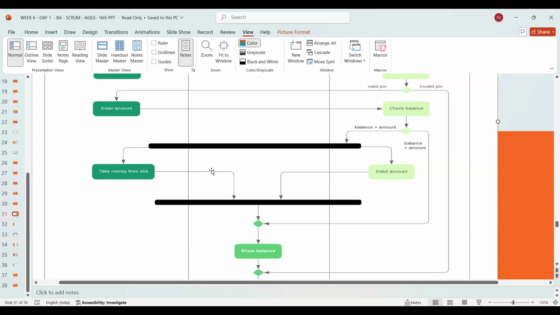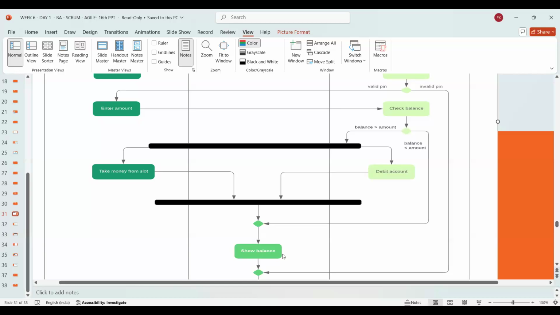When you're checking the balance, if the balance is greater, then only you can take the money from the slot. If the balance is less than the amount, say you're trying to withdraw $1,000 and you don't have that much, then you are redirected out. See, all these longer control flows are kind of throwing you out of the system.